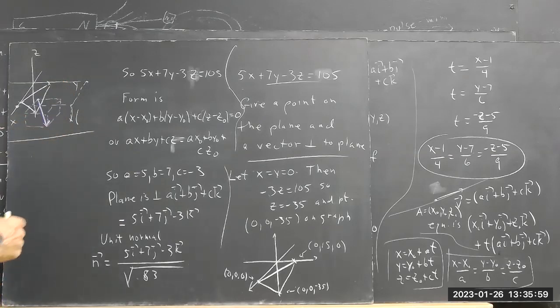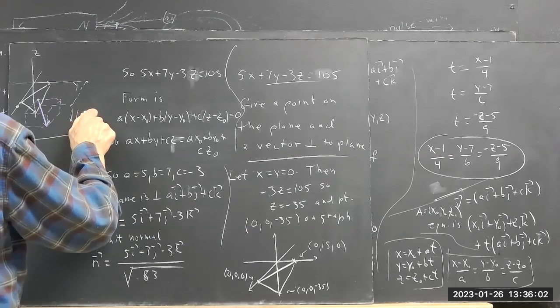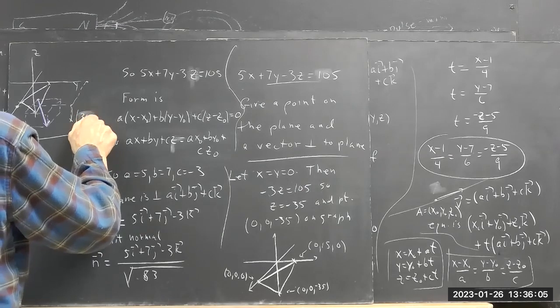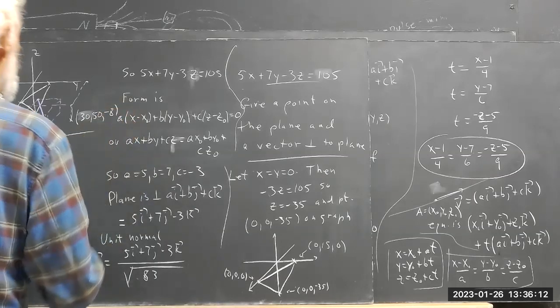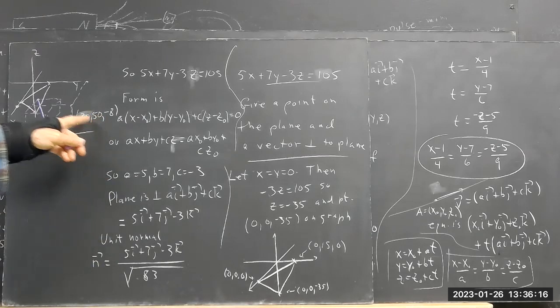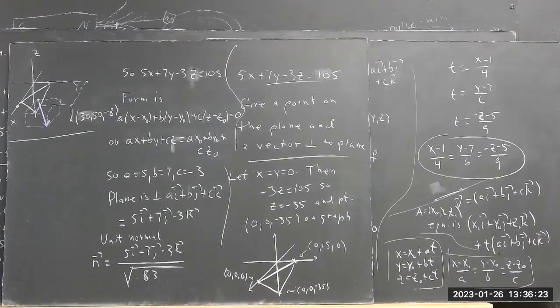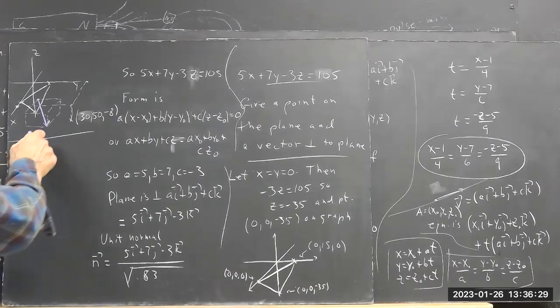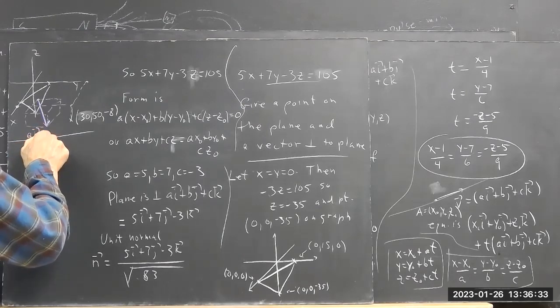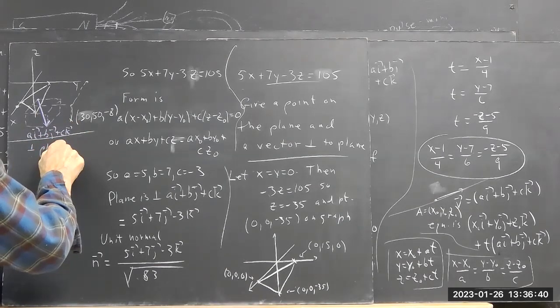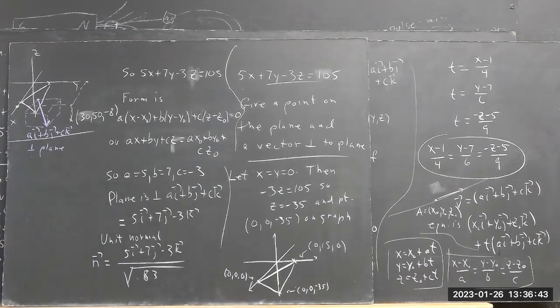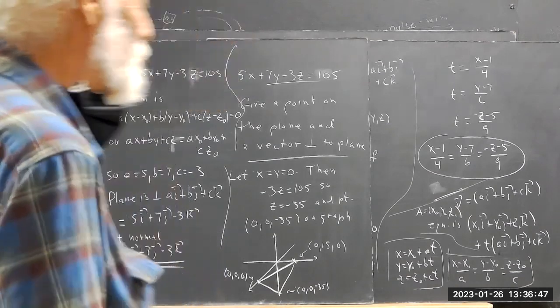And let's say that point is 30, 50, -8. How far is that point from the plane? Well, you probably don't know. It turns out to be really pretty simple.